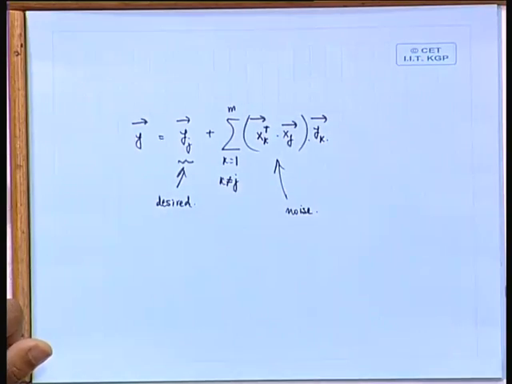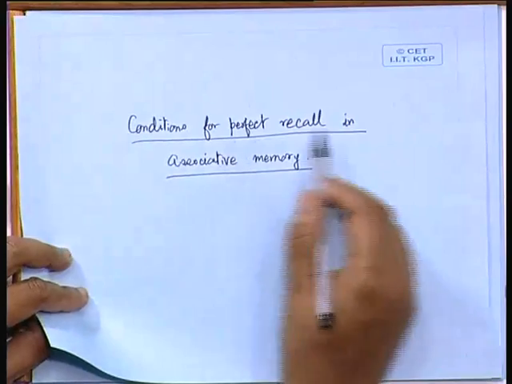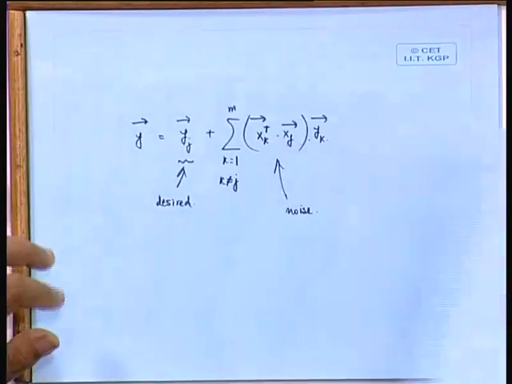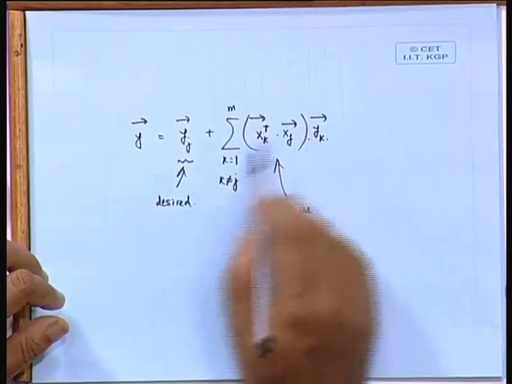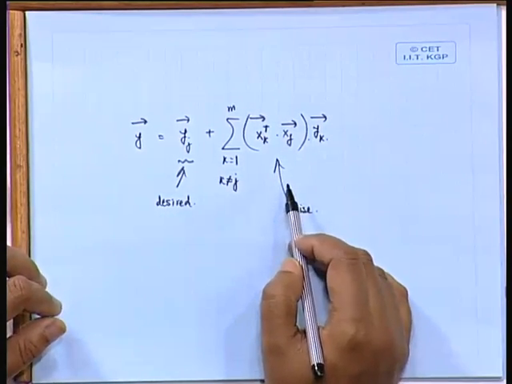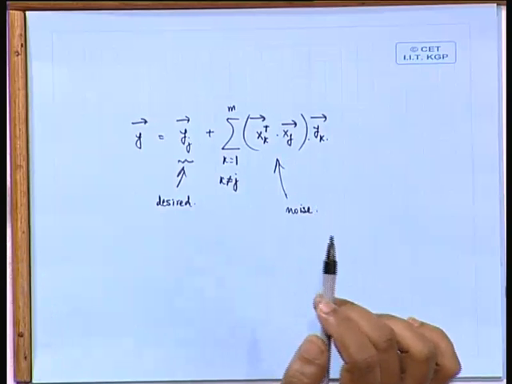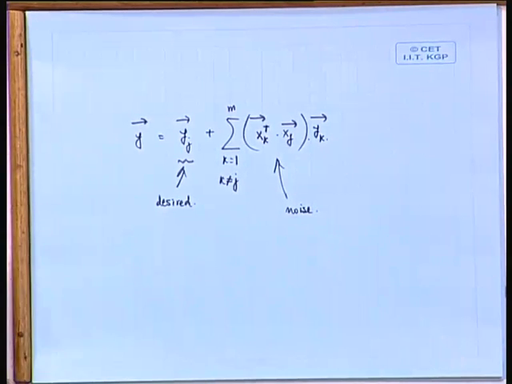And if we are talking in terms of the conditions for perfect recall, then what we need to do is that this term should ultimately be equated to 0, right. So, let us see what conditions we are getting for that.